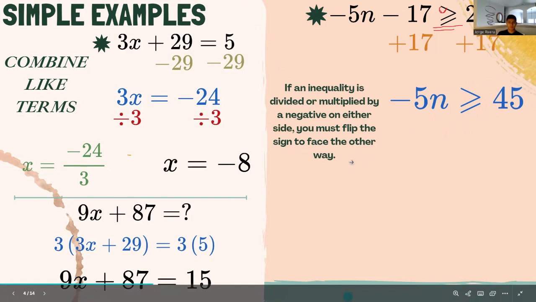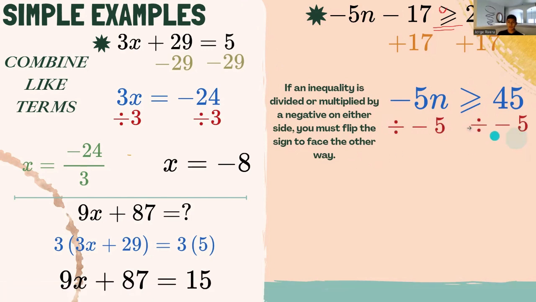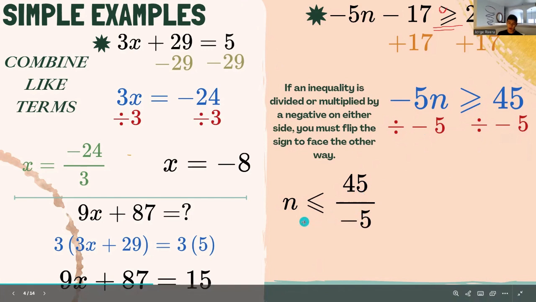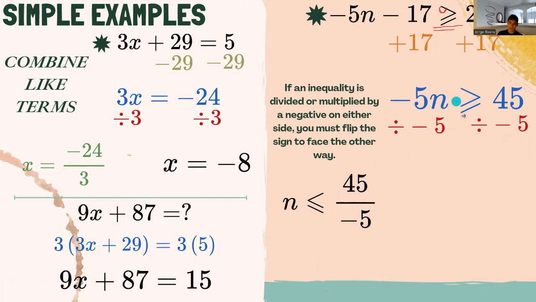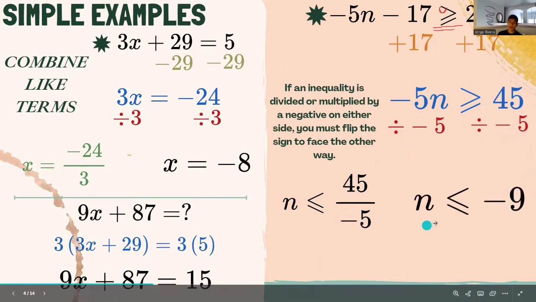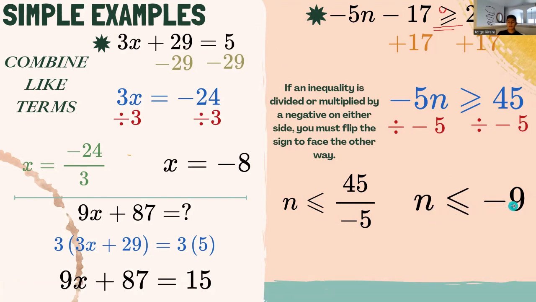So we divide both sides by negative 5. That means it's 45 divided by negative 5, but you guys see we flip this. It was facing this direction, and now n is less than or equal to this fraction. If we simplify the fraction, n is less than or equal to negative 9.